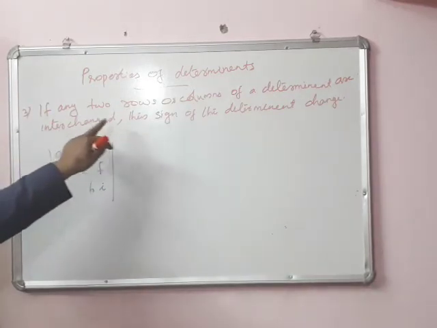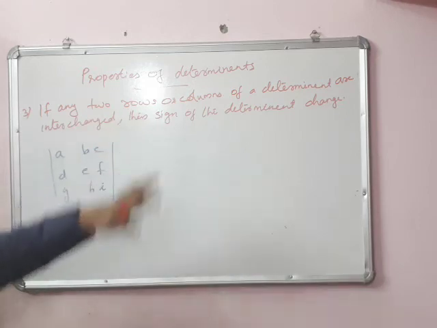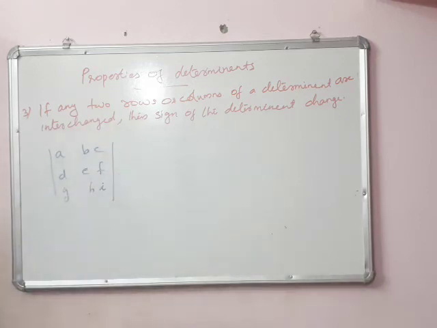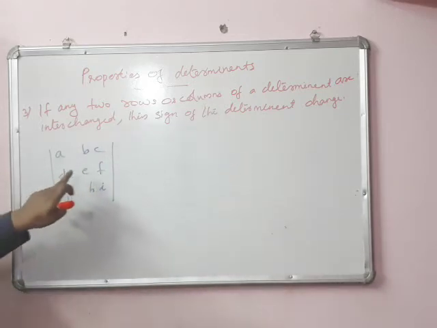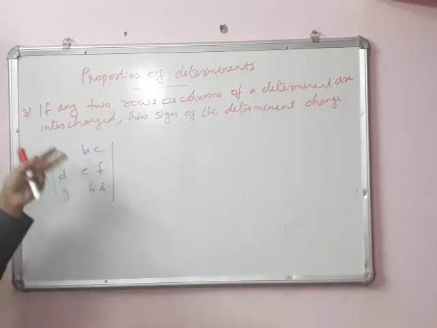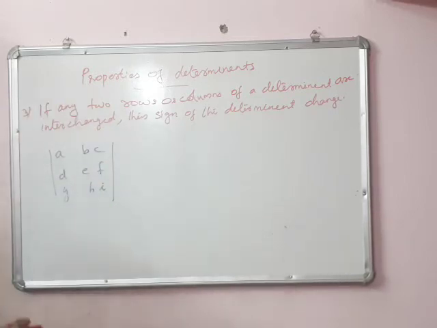If any two rows or columns of a determinant are interchanged, important one, interchange, the sign of the determinant is changed. That is, if this is a positive value, then the result becomes negative.